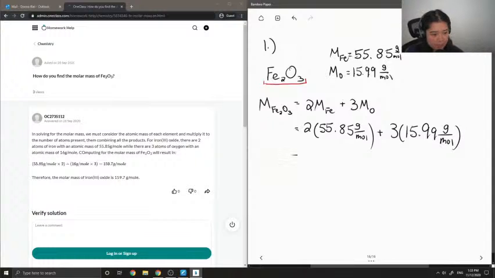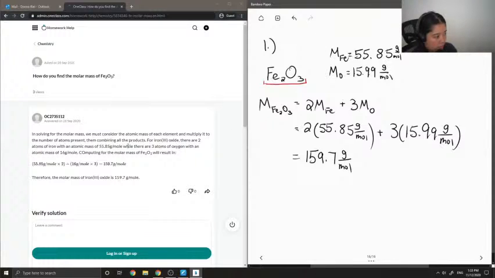Okay, so if I add up these values, I end up getting a total molar mass of 159.7 grams per mole.